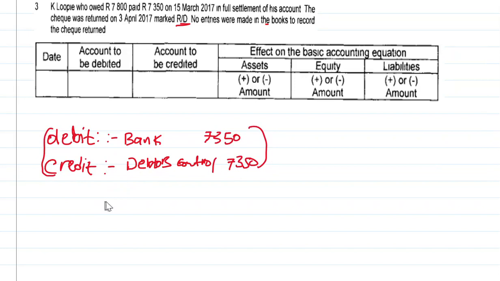But now we're going to do the vice versa of this, right? How are we going to do the vice versa? Change credit to debit. So we're going to say again debit and credit.